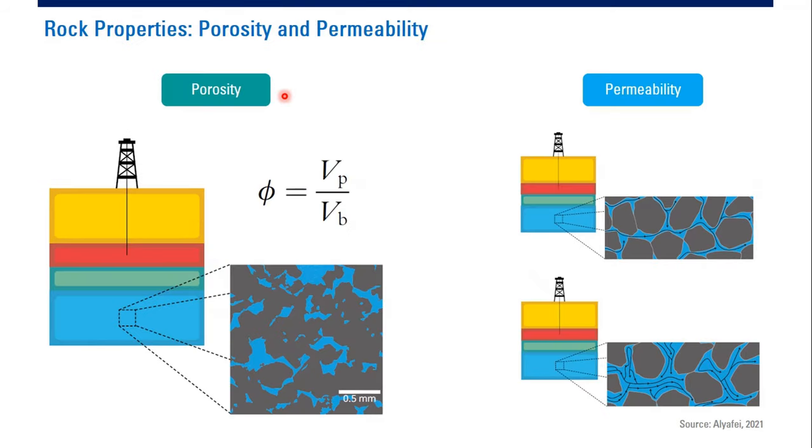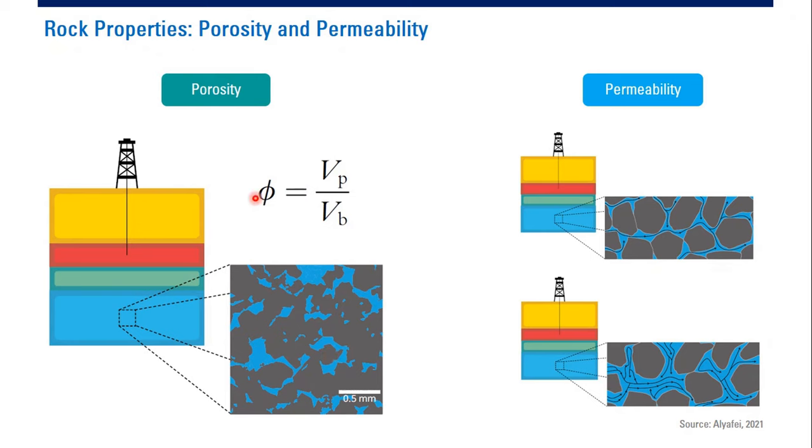And main properties for the rock are porosity and permeability. Of course, you already understand this in reservoir engineering lecture, but it's okay to refresh so that we can understand it better. Porosity, we have space in the rock and we have the volume of the space, the volume of the pores divided by the bulk volume.